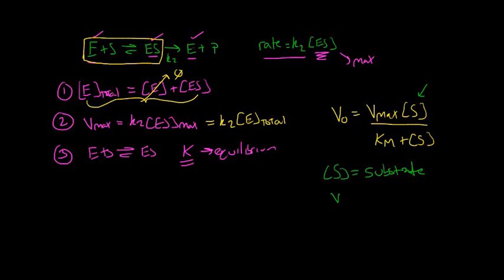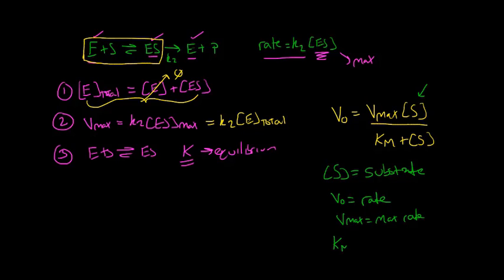V naught is the initial rate, the rate of the reaction. Vmax, as we've already talked about, is the maximal rate, and as we've seen before, this occurs when 100% of the enzyme is present as an enzyme-substrate complex.